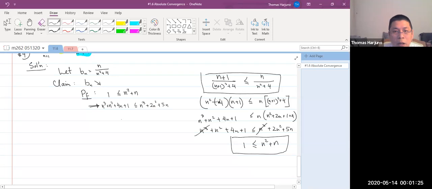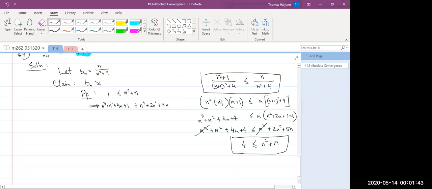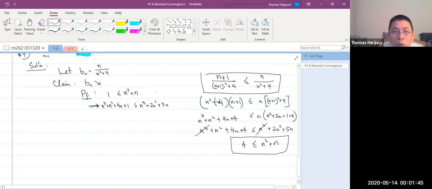Then I factor these. Did I factor this right? Actually, this is 4. So this is not always true, though. This is only true for n greater than or equal to 2. But that's okay. The first term doesn't change the convergence, right?